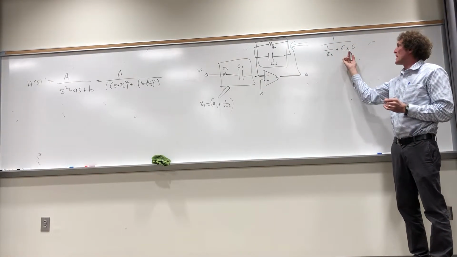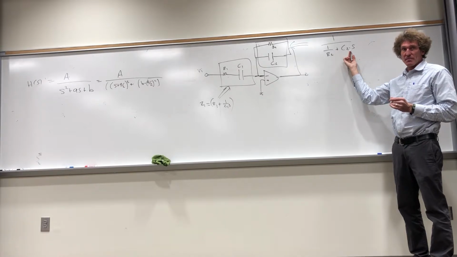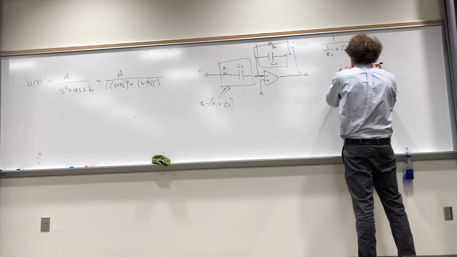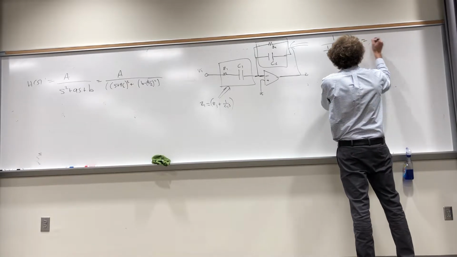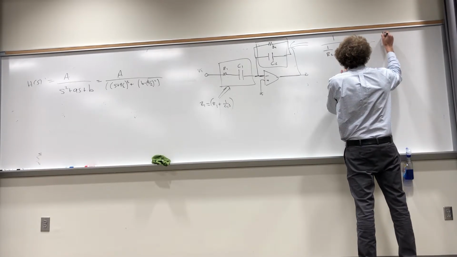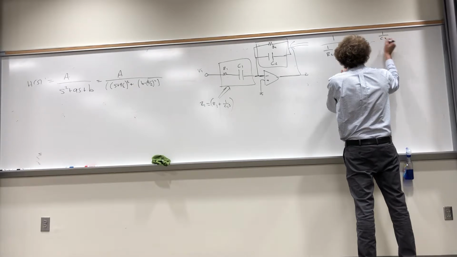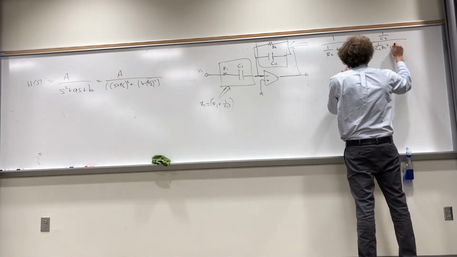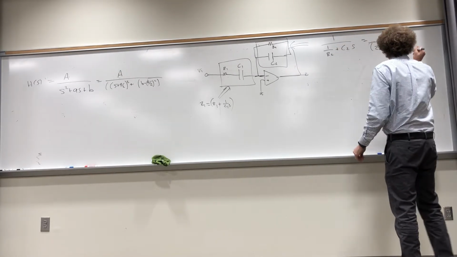And I told you to factor out the C2 on this one, right? And we'll take care of that C. Matter of fact, I'll do it on both. This is going to be 1 over C2 divided by 1 over C2R2 plus S. That's that impedance, call it Z2.